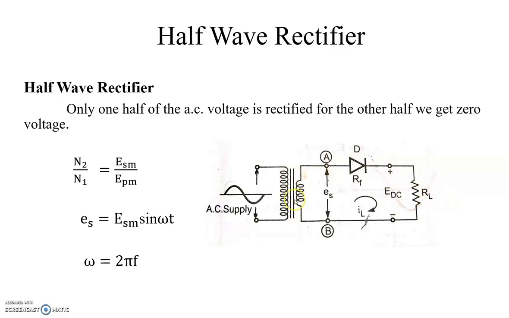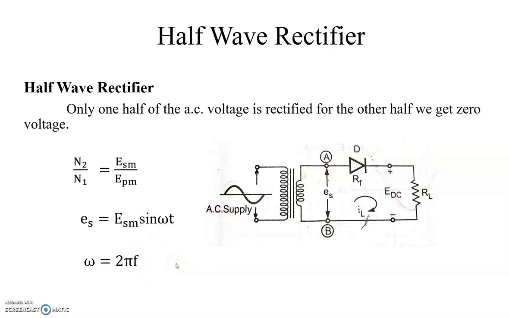When the primary of the transformer is connected to the input AC supply, a voltage is induced across the secondary. The voltage induced across the secondary is equal to or greater than the primary voltage depending upon the turns ratio, by the equation ES equals ESM sine omega t, where omega equals 2 pi f, and f is the supply frequency.